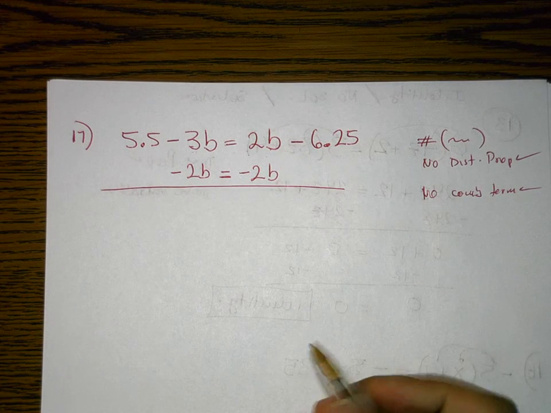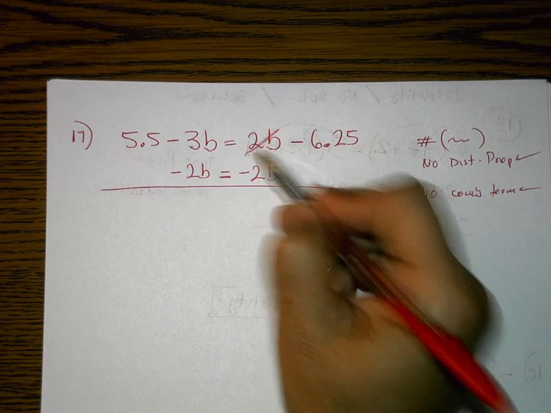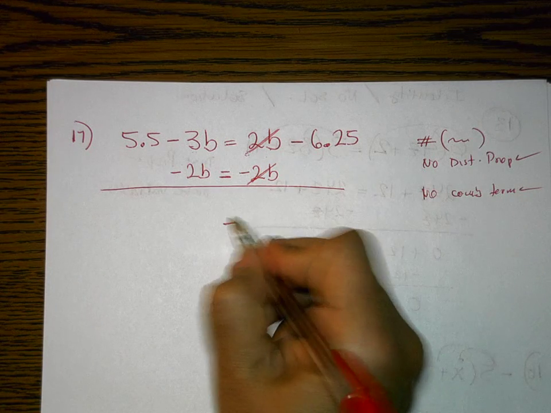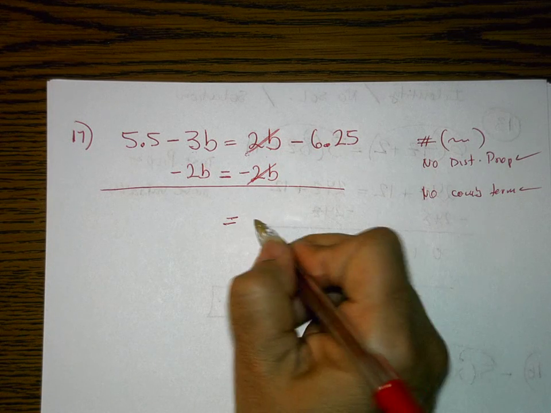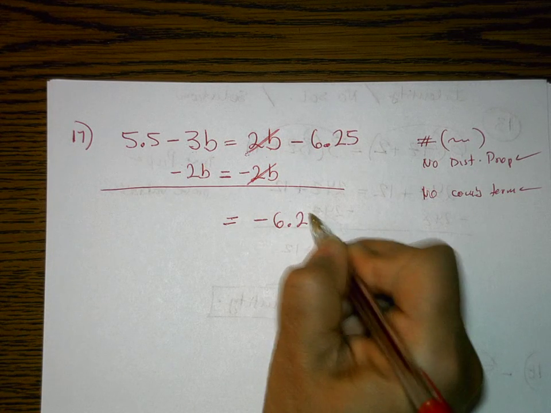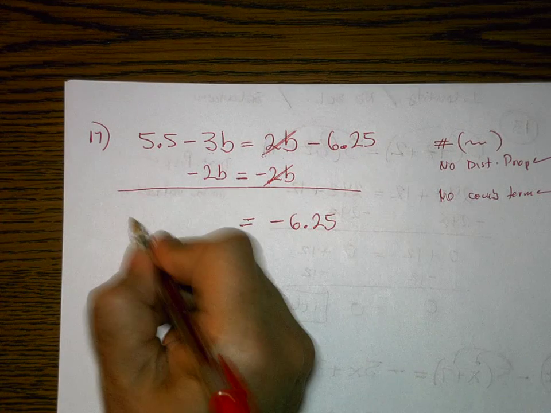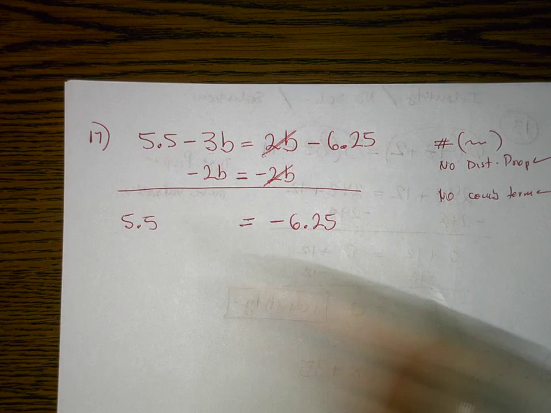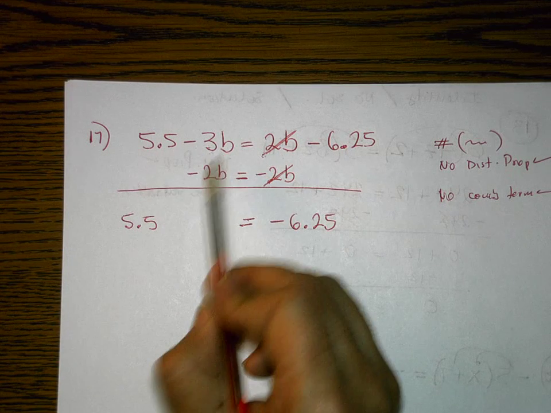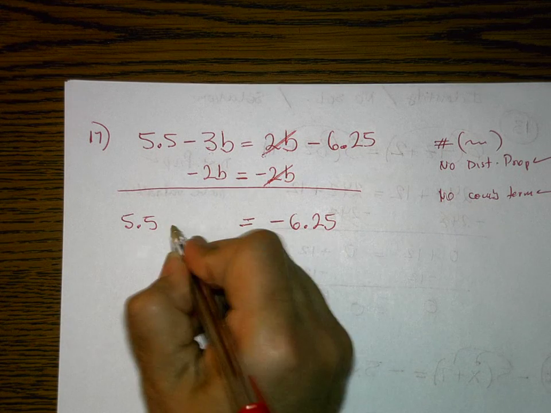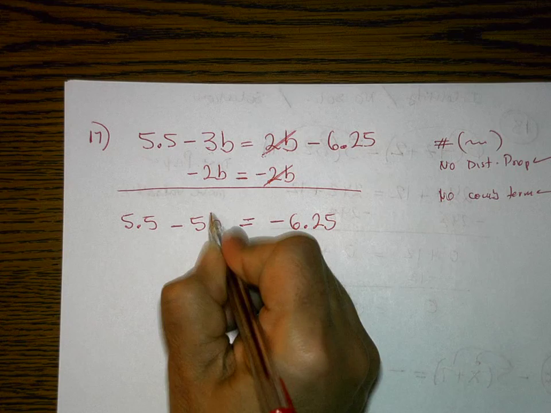A positive 2b and a negative 2b is 0. I'm going to end up with just the negative 6.25. On this side, we have the 5.5, and negative 3b minus 2b is negative 5 times the letter b.